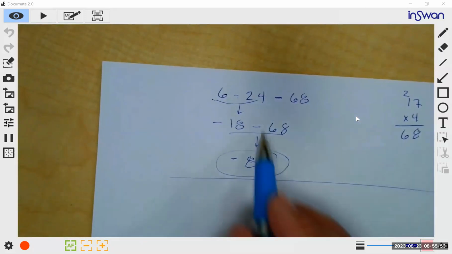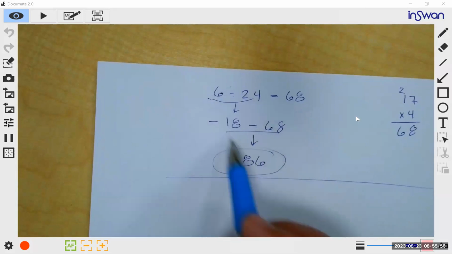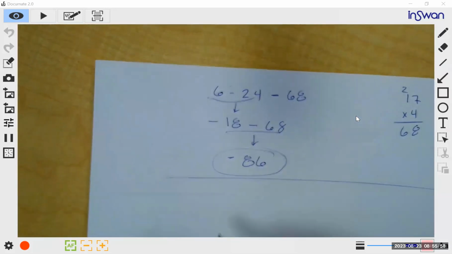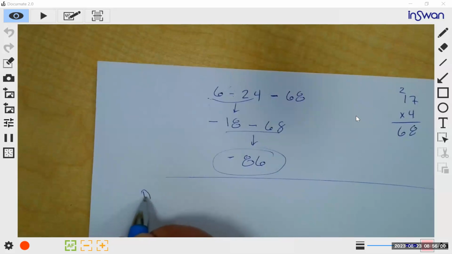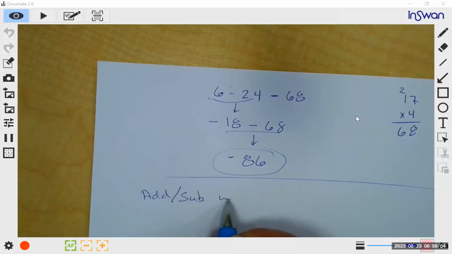Now, let's go ahead, another big problem we have is adding and subtracting with signs.